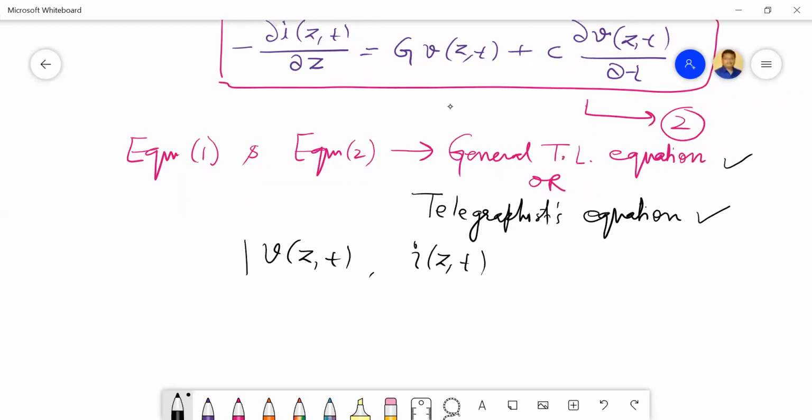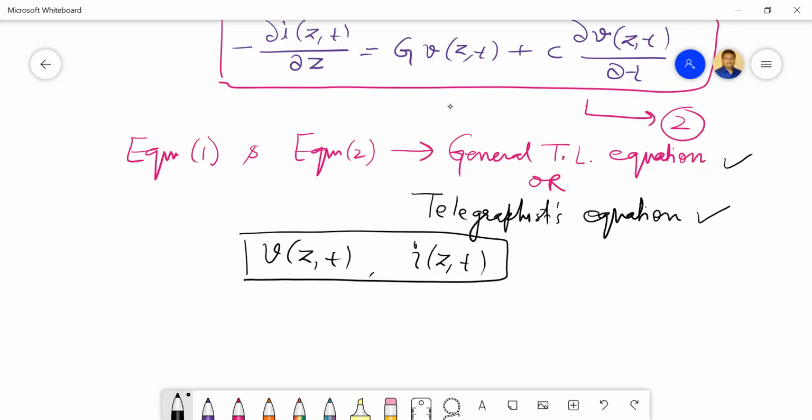As an engineer, an electronics engineer particularly, it is difficult to deal with time and space if clubbed like this. We cannot do that. So there must be some assumptions. There must be some things we need to incorporate here so that we can separate out space and time. However, this is illogical when I say that we are going to separate time and space. But within some limitations we can do.